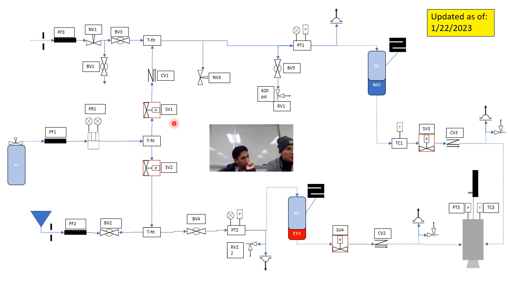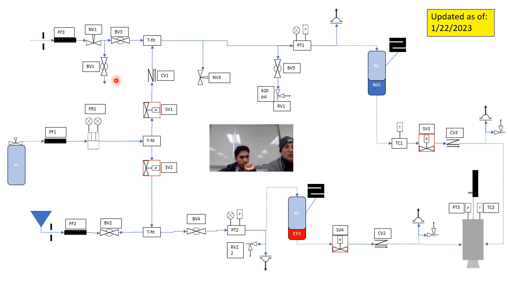I made an order for this, but it isn't fully refined. I suggested closing BV2 first, then NV3, then NV1. So BV2, then NV3, then NV1. What's happening there is it ensures that BV1 is properly vented out.